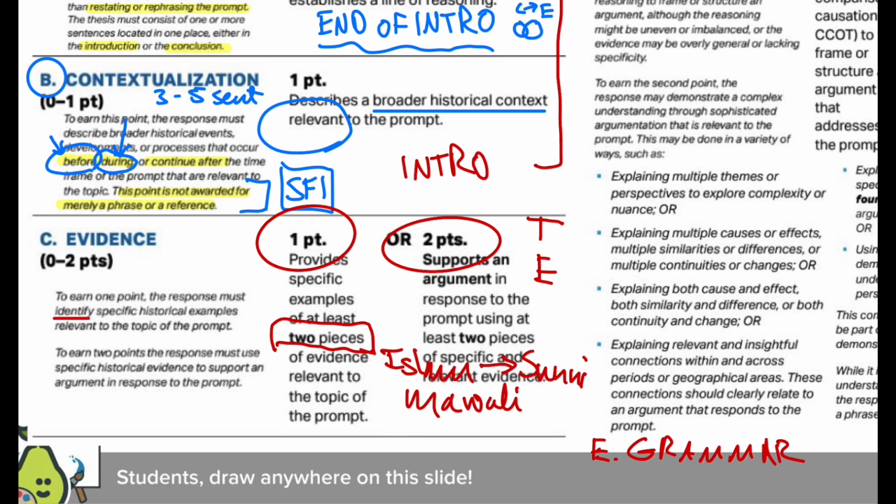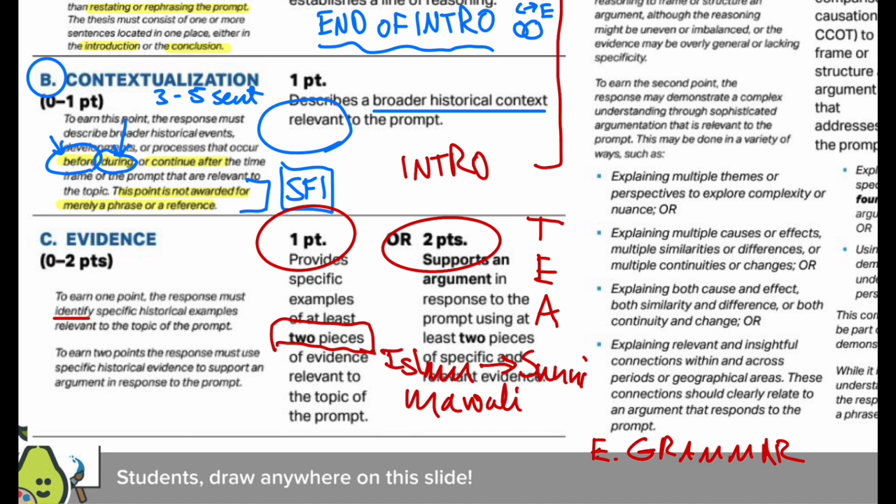Then you're going to get into your analysis. So the analysis is, why is this historically significant? You could talk about how this was historically significant because the Umayyad dynasty did not last nearly as long as the Abbasid.